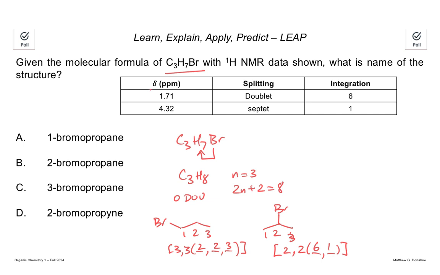So we're given the chemical shift in parts per million, splitting or multiplicity, and then integration or ratio. So what this is telling you right here, there's 2 signals, so that's 2 unique sets of hydrogen.